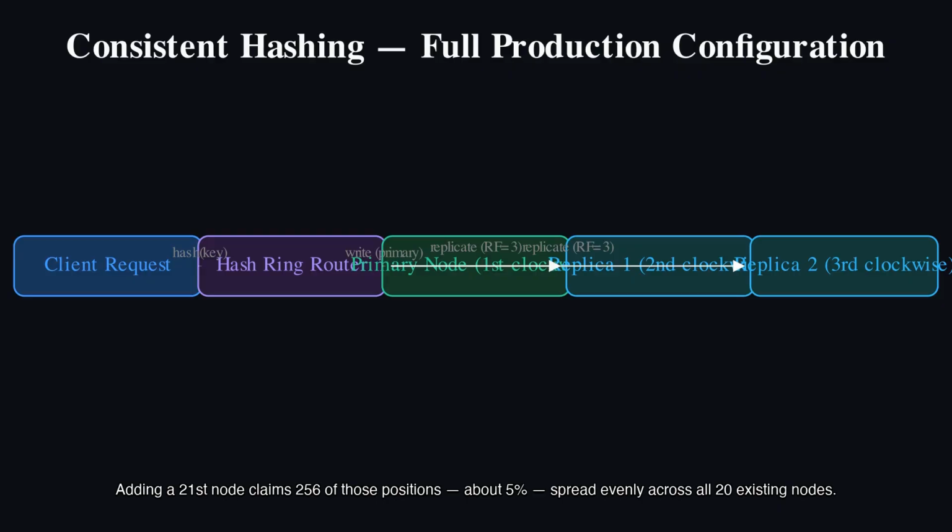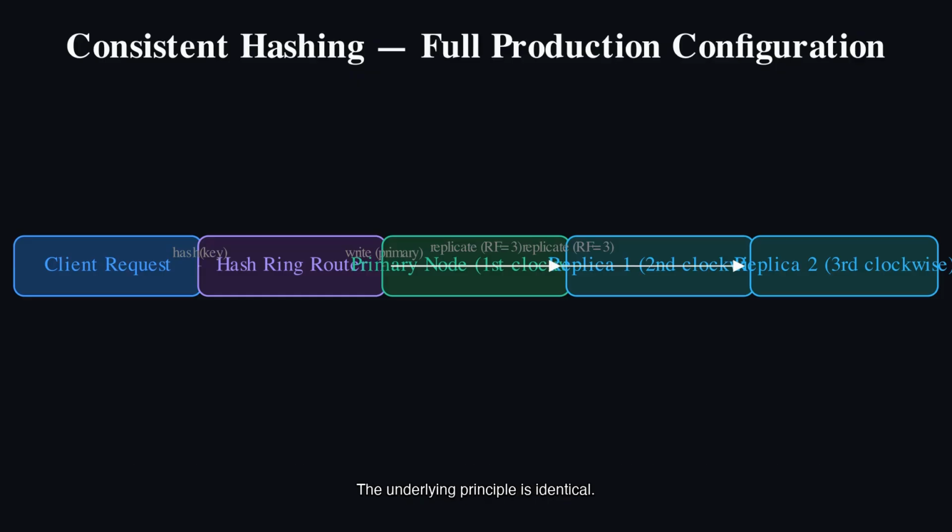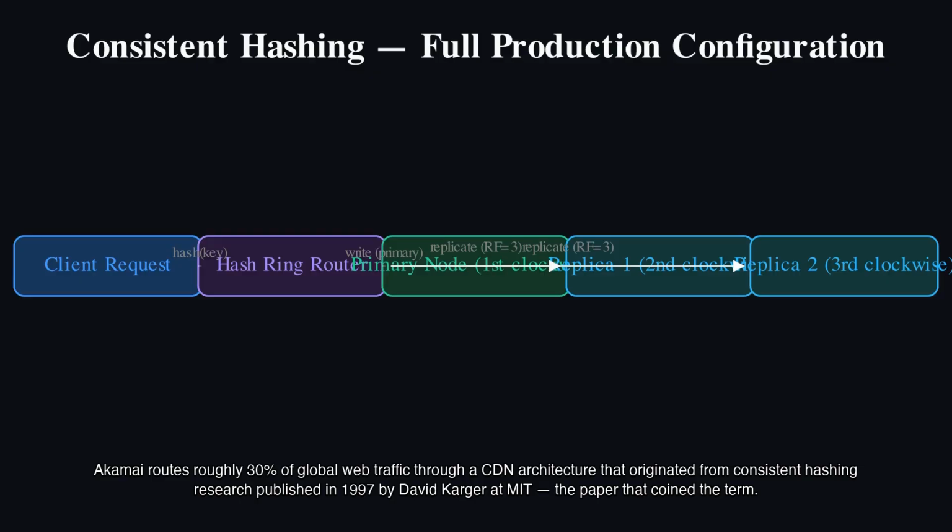Adding a 21st node claims 256 of those positions, about 5%, spread evenly across all 20 existing nodes. A Cassandra cluster with RF=3 tolerates the loss of any single node without data loss or read unavailability, assuming quorum reads are configured. DynamoDB uses consistent hashing internally but exposes it differently. Partitions are managed automatically and opaque to the user. The underlying principle is identical.